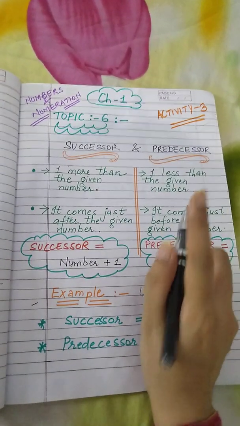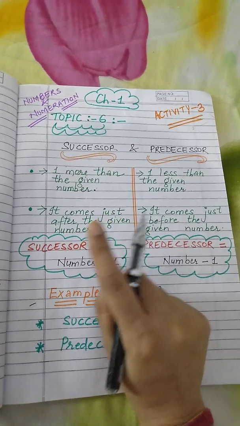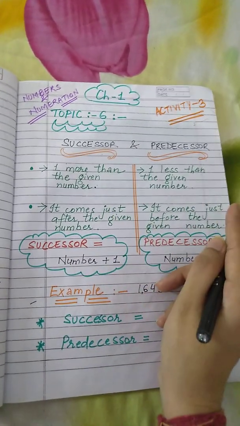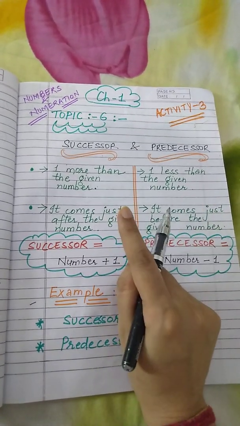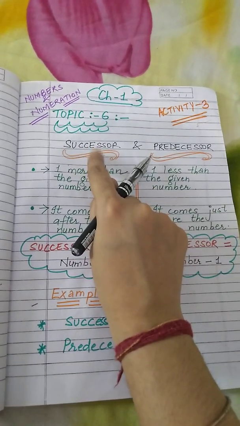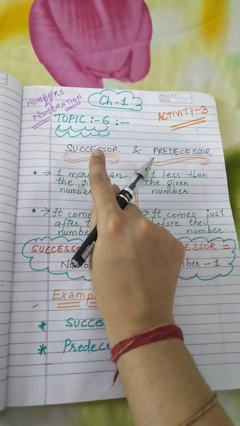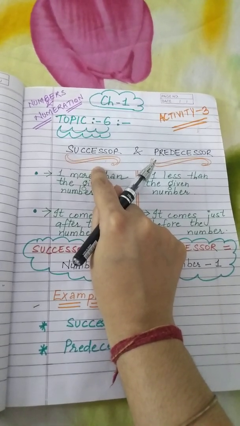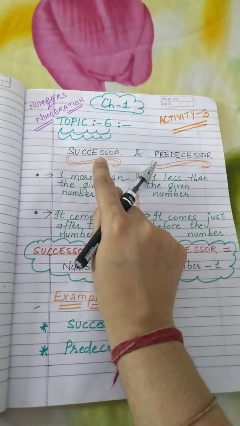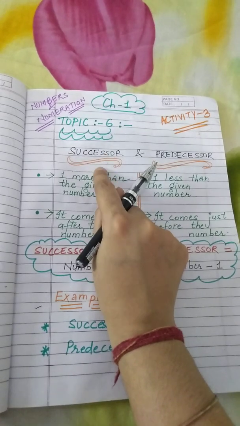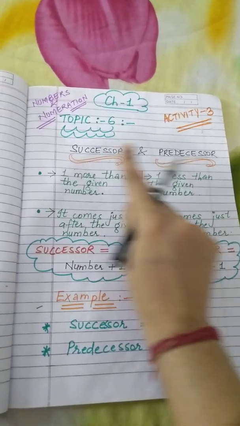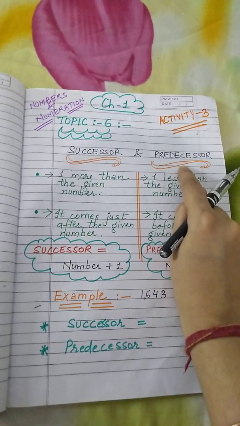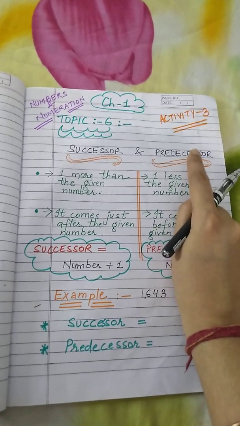As you all are familiar with the terms what comes after and what comes before, what comes after is the same as successor, only the terms have been changed, but it means exactly the same. And predecessor is also known as what comes before.